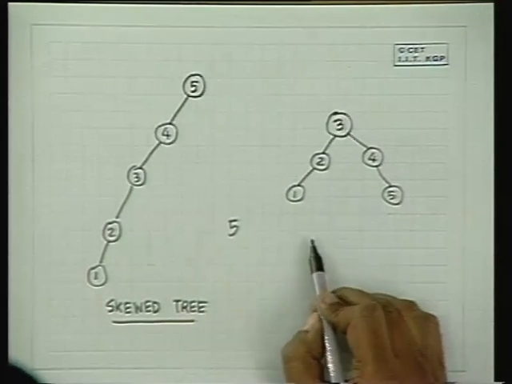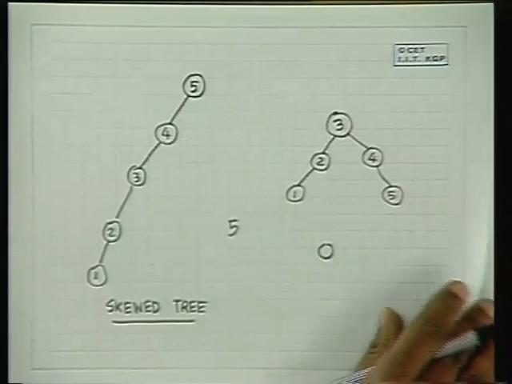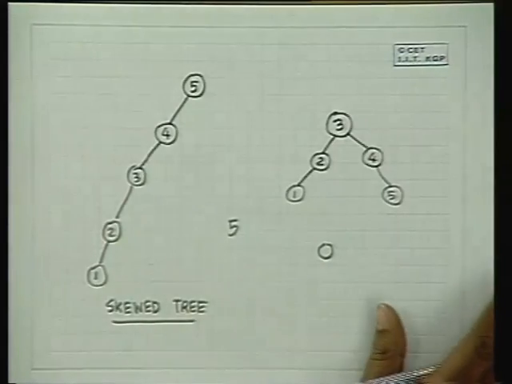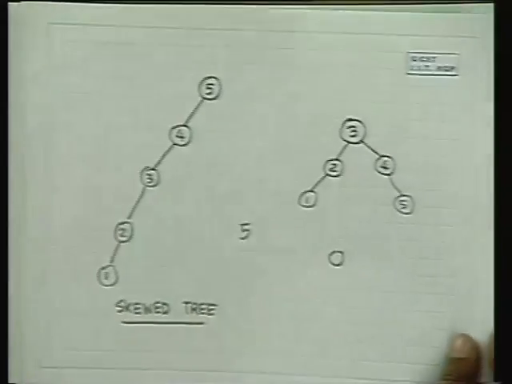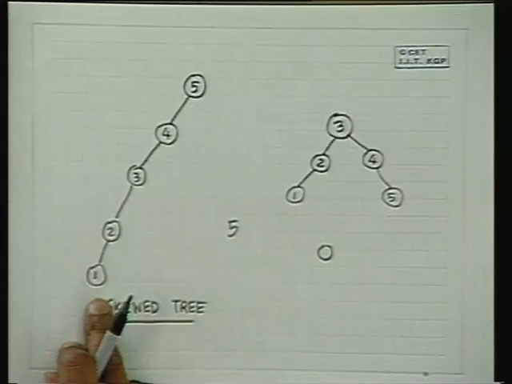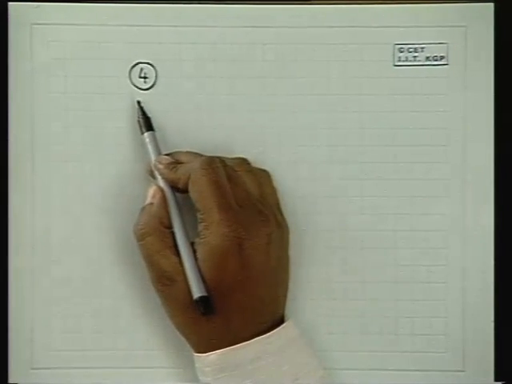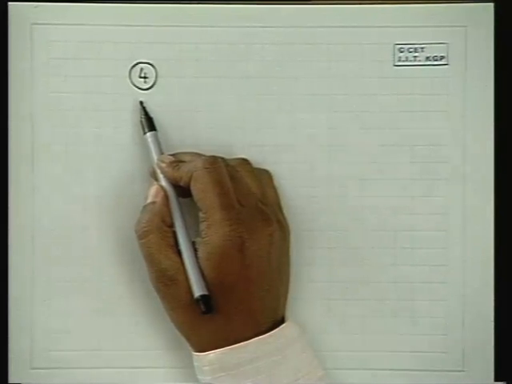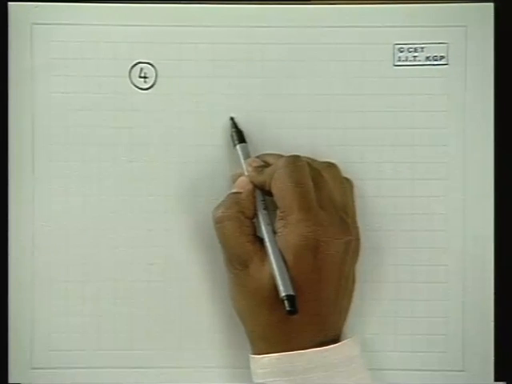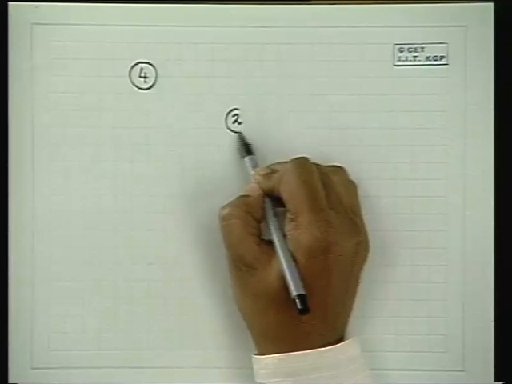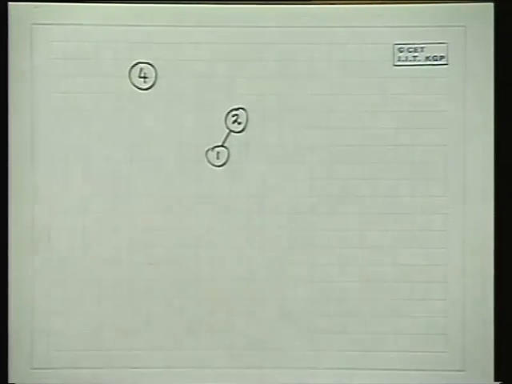Let us see. For one node, let us see what is the best situation that we can get. Okay, the worst we have found out. But what is the best? For one node, it can be like this. For 2 nodes, it cannot be 0. It has to be at least 1. So for 2 nodes, maybe it will be 1.